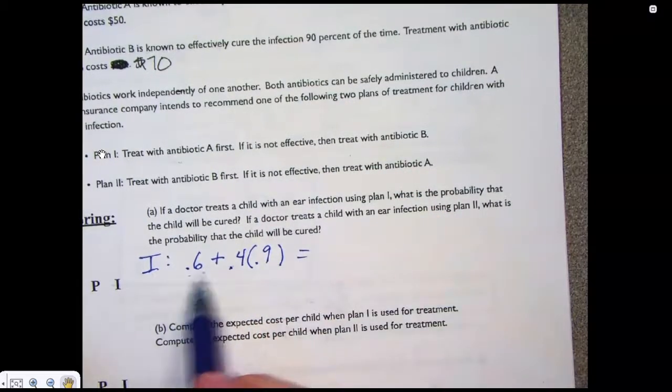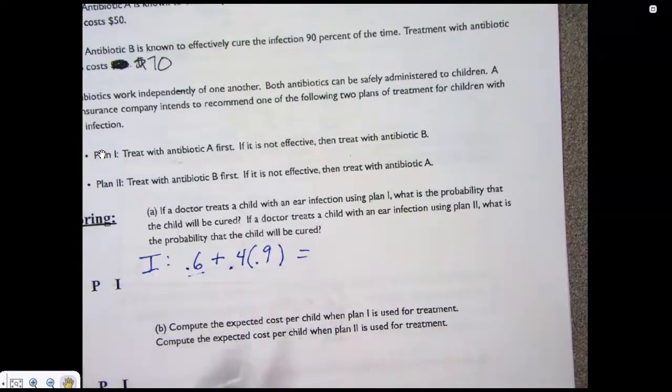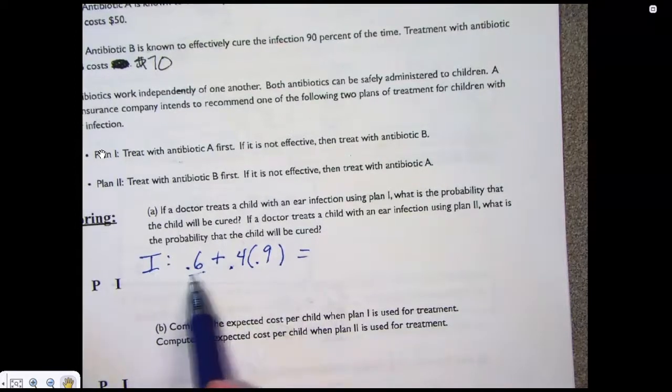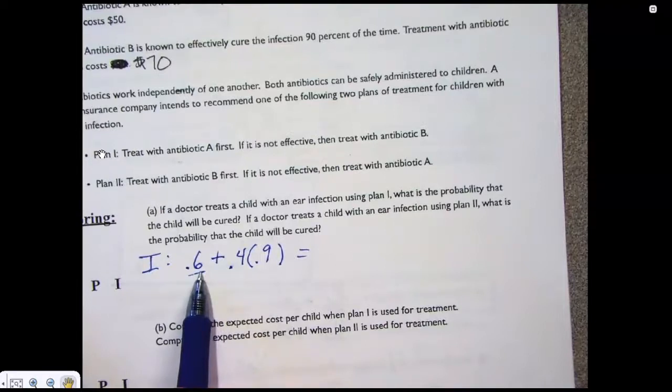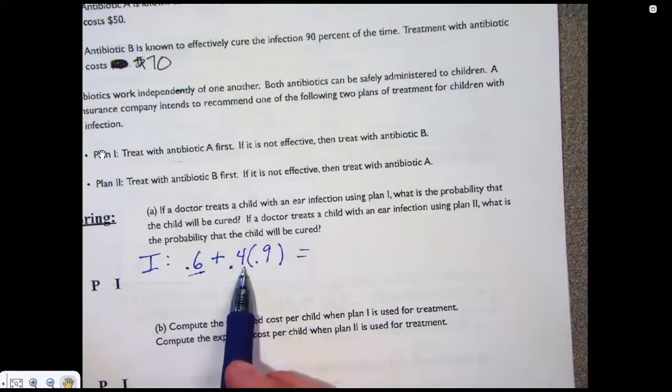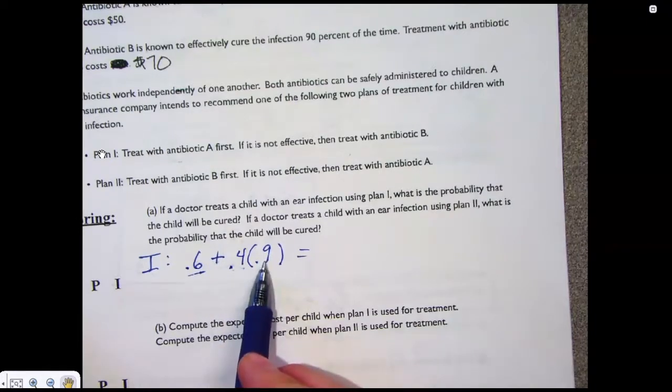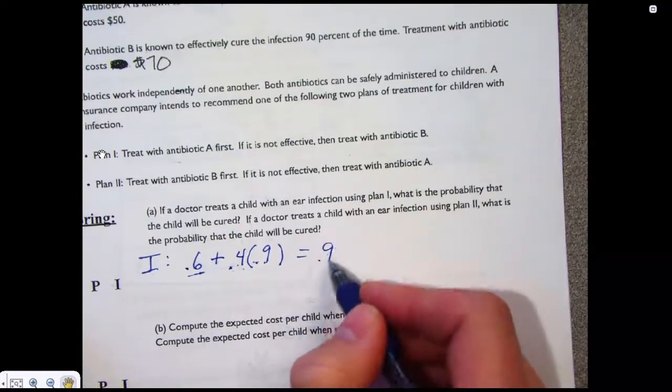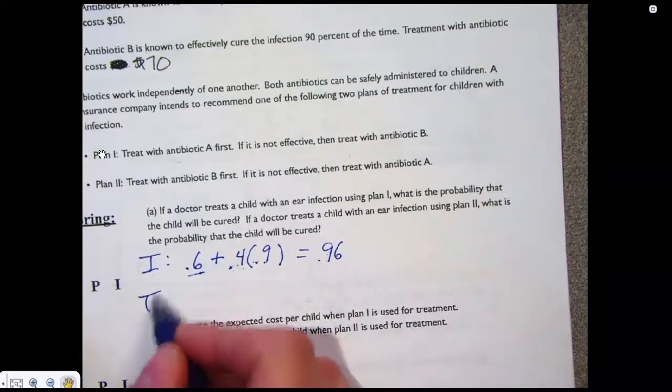So there's two ways the child could get cured. Either the first antibiotic works, or, which means plus, the first antibiotic didn't work, and the second one did. Remember, and means multiply. So then this is 0.96.